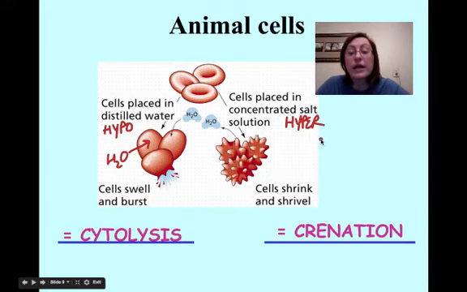Let's say that we increase the solute concentration outside of the cell. That's going to cause water to move out of the cell, and that's going to cause them to shrink or shrivel, and this is called crenation. Both of these, do you think these cells are able to carry oxygen very well? The answer is no.